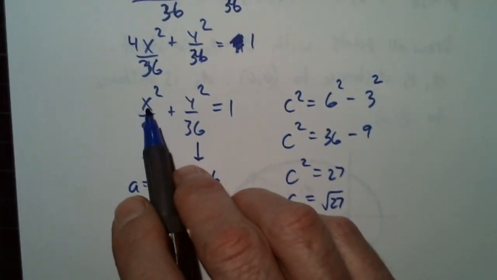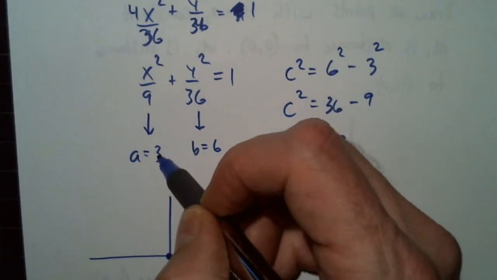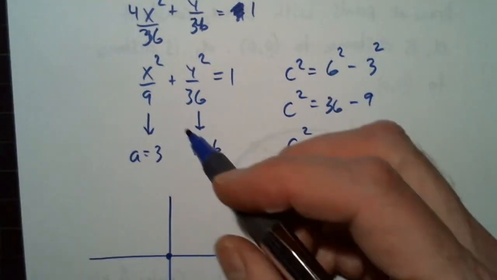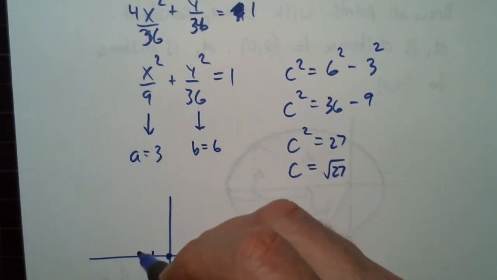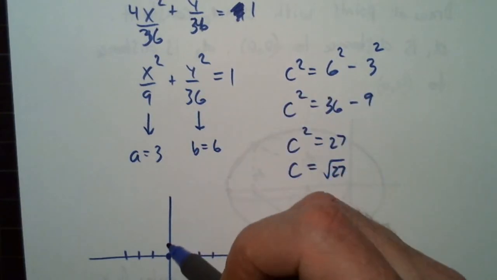There's no horizontal shift, so the center is at 0, 0. 3 came from the denominator of x, so this is the horizontal distance. 6 came from the denominator of y, so that's a vertical distance.